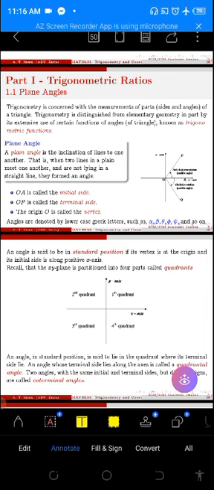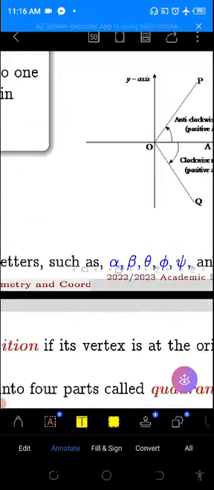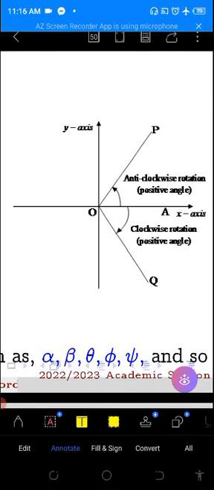Definitely, if you look at the diagram closely, you see that if OA is a reference line, and then you look at the angle which the line OP makes with the positive x-axis, which is the OA, and then also look at another line that makes an angle with the positive x-axis, but in clockwise direction.